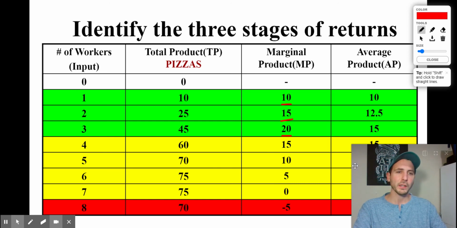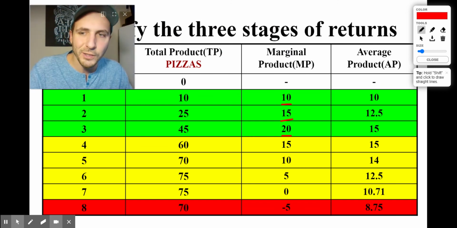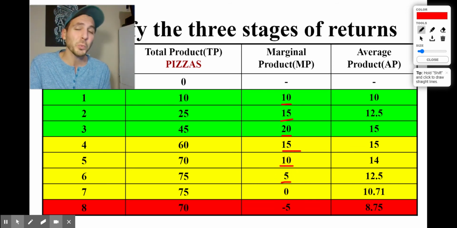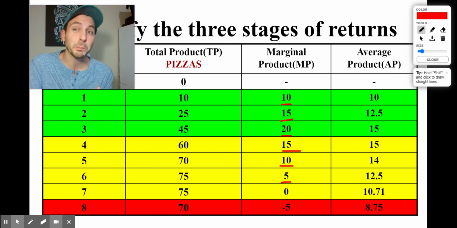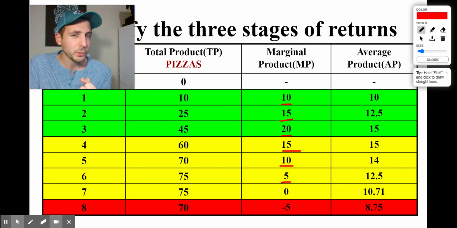Next up, we have our diminishing returns, where additional units still result in a positive number. 15's positive, 10's positive, 5's positive, but each one is less than the one before because I have diminishing returns. I'm experiencing the squeeze of adding variable inputs to fixed resources.